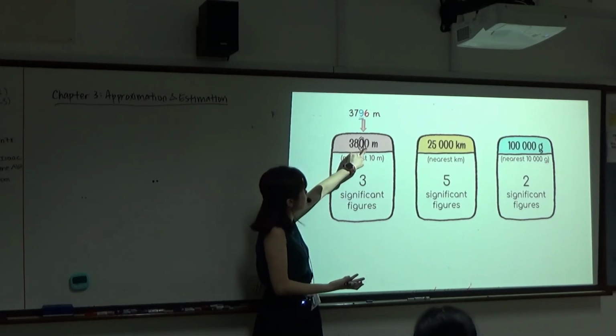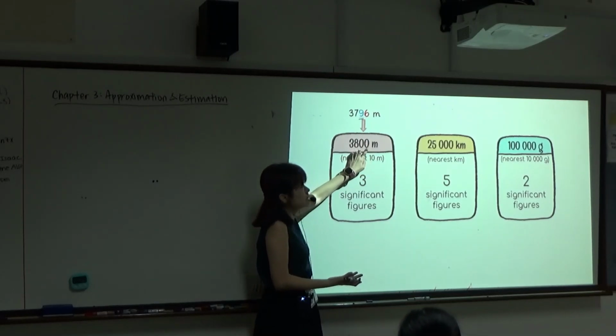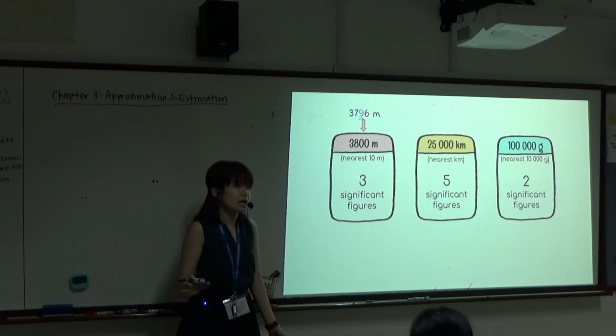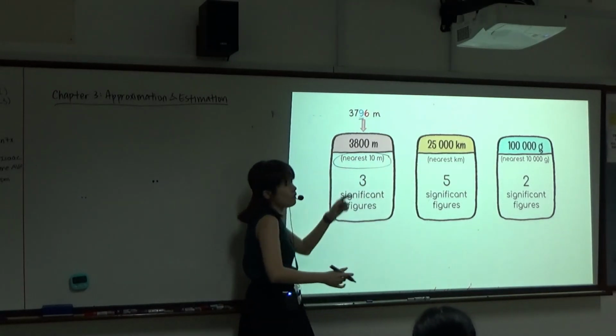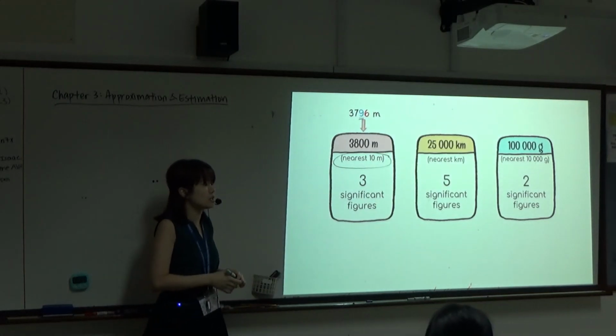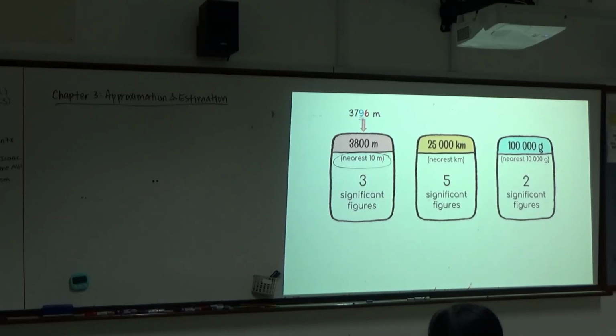That's why I do not need to count that last 0. So when it comes to whole numbers, it is not all zeros that we need to count as significant. We must look at the context, at what the question asks us to round off to. You understand? Alright?